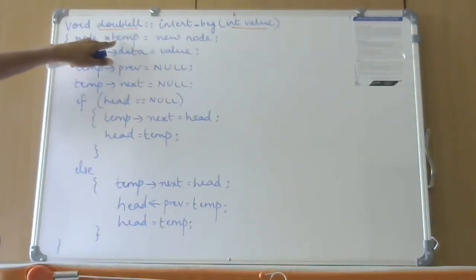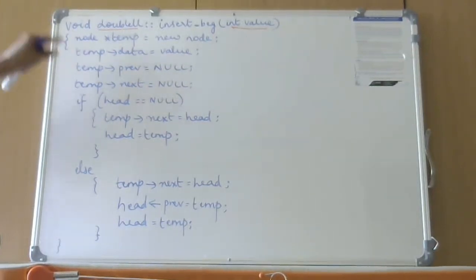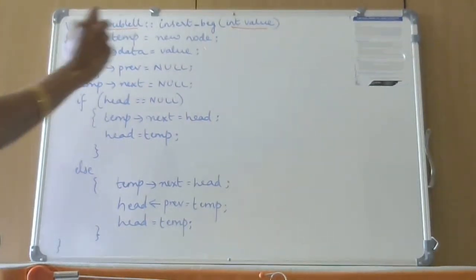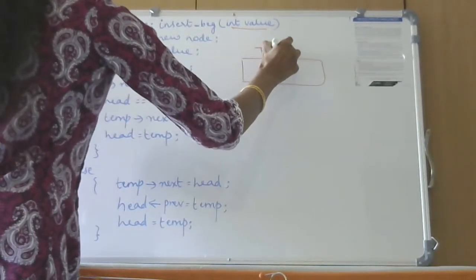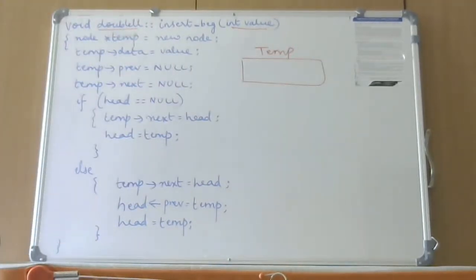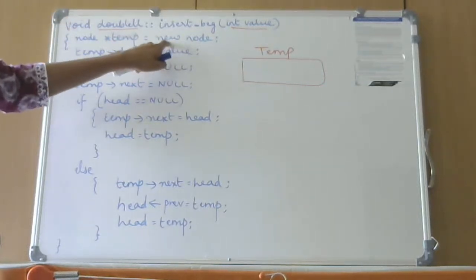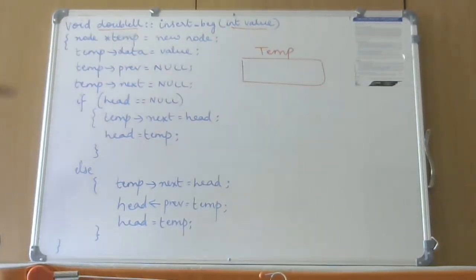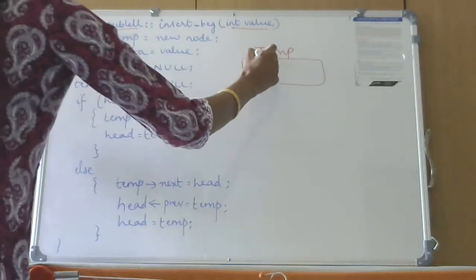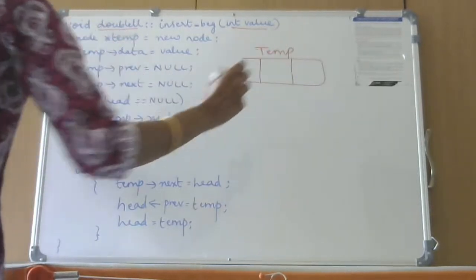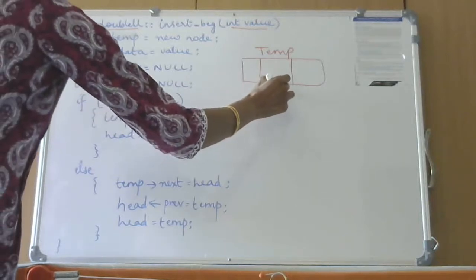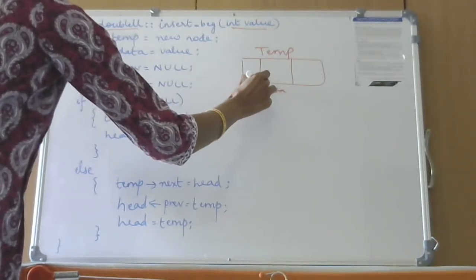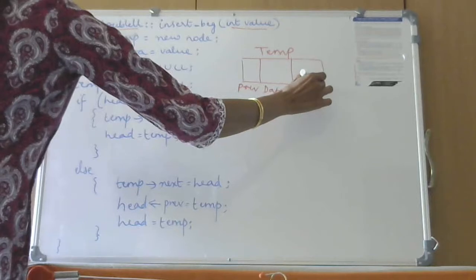Here I have taken a pointer variable of the type node called temp. That means temp is going to be the node that I want to insert. I am allocating memory for that. Temp of data is equal to value. As we know, this particular node is going to have 3 fields: this is our data field, this is the previous link, and this is the next.